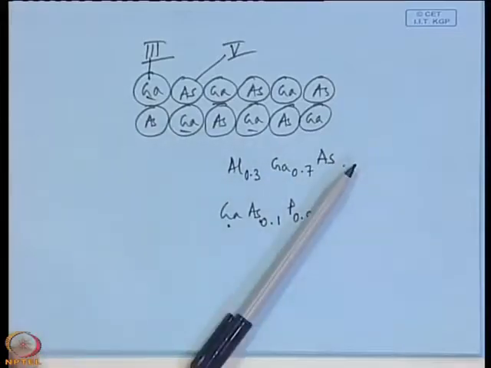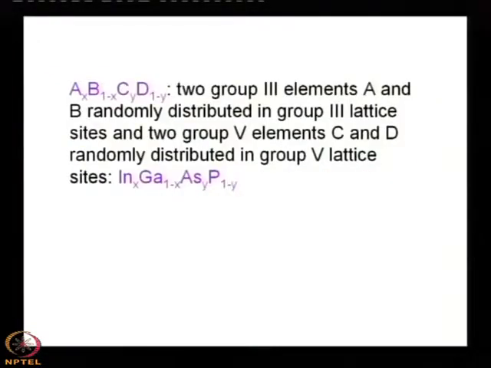Okay. It can be another type of thing, say it is quaternary, that means 4 elements are involved here, you see 4 elements are involved. 2 group 3 elements A and B and 2 group 5 elements C and D. So, they are randomly distributed. Here A and B are from group 3 and C and D from group 5.